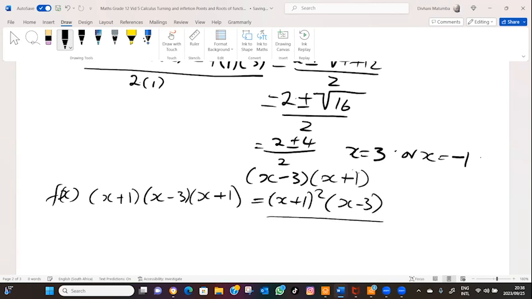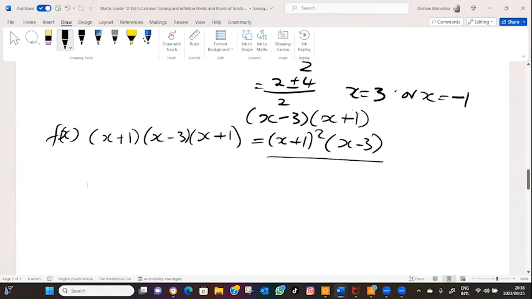All right. We already have the roots or the solutions. Now, what is the turning point?